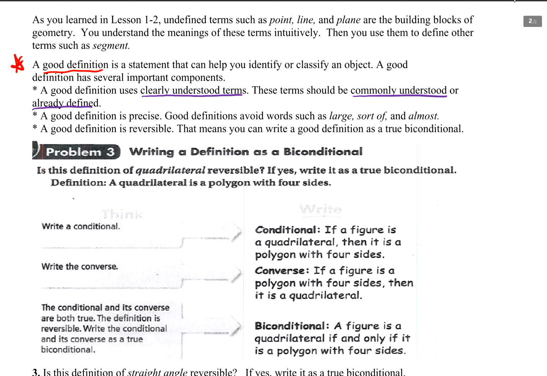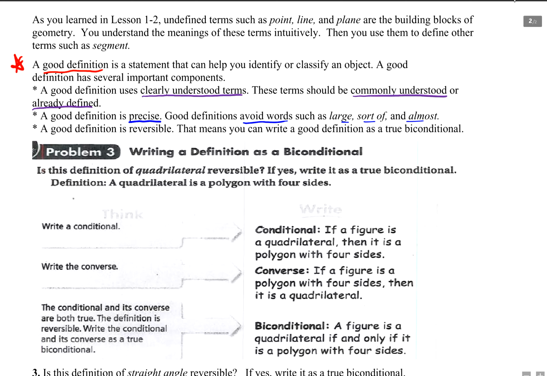We talked about things like point, line, and plane that we are going to use to define everything else. The second part is that it is precise. You do not use words such as large, sort of, almost, kind of, close to. You must be precise.